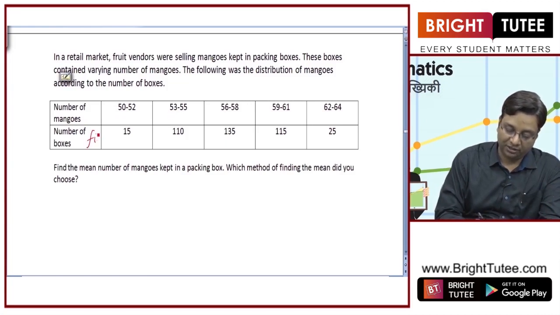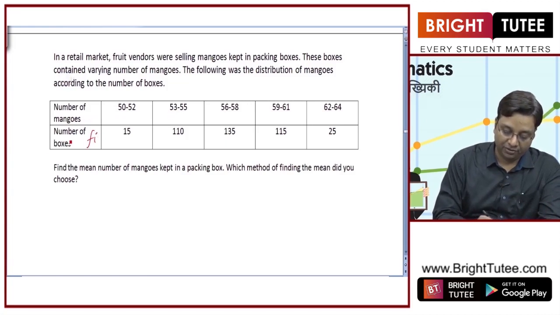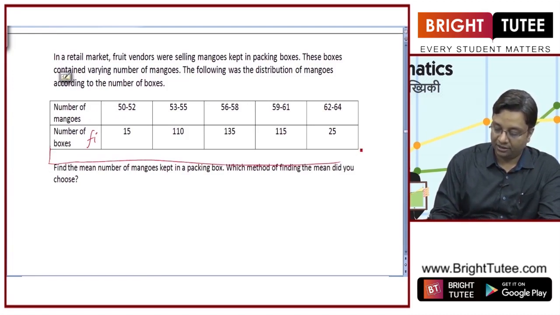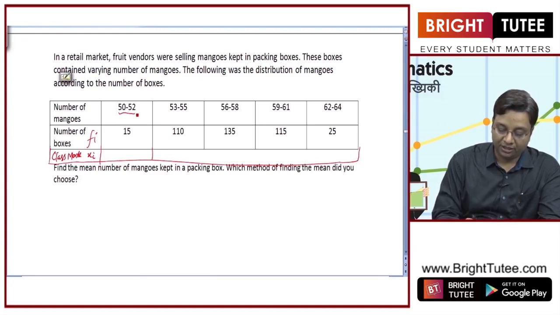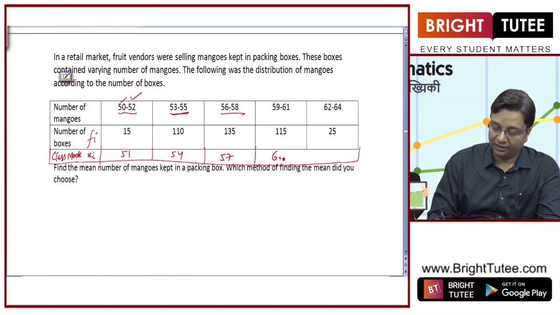So, this is the frequency, and for the xi, what I need to find is class mark or xi, which is the mean of these two numbers, upper limit and lower limit. So, which is 51, and mean of these is 54, 57, 60, 63.